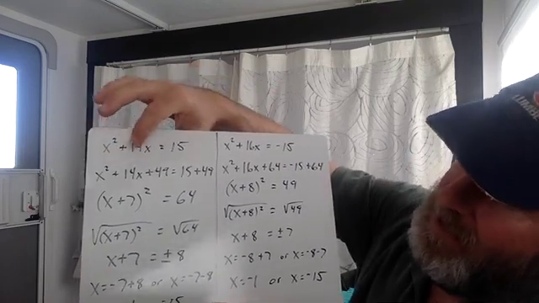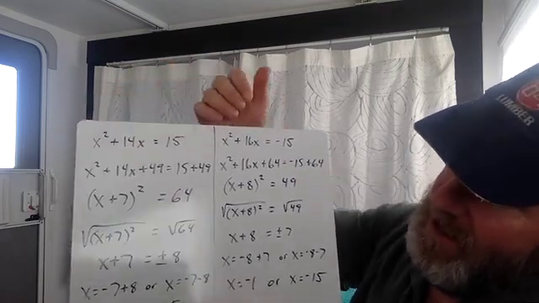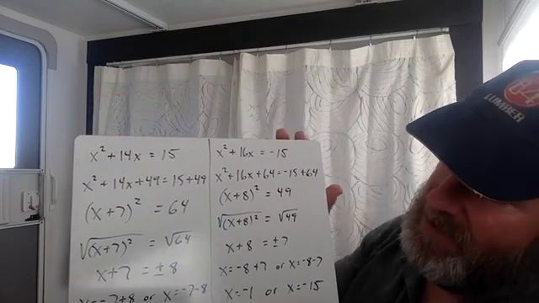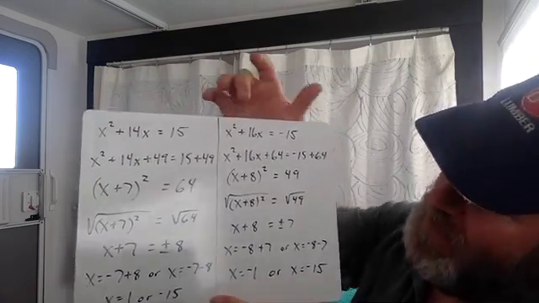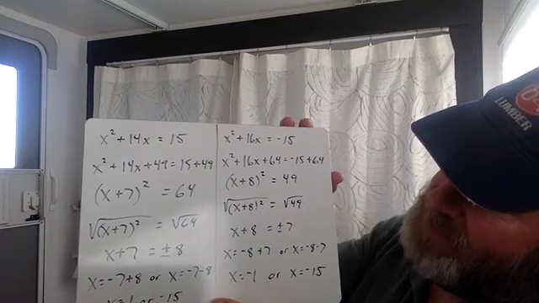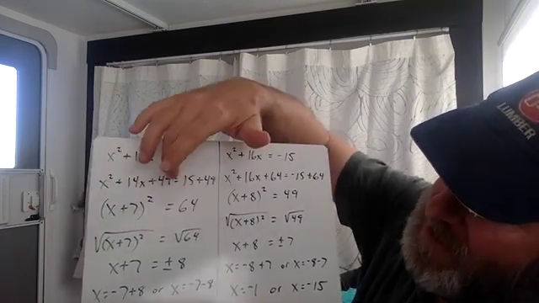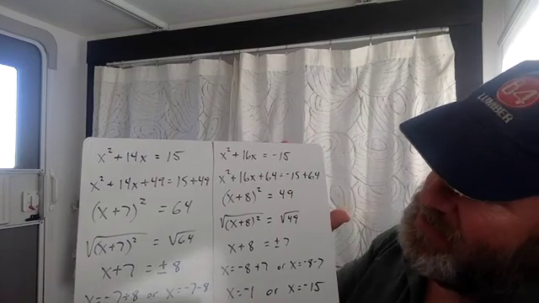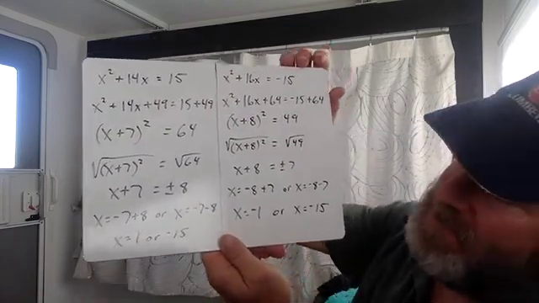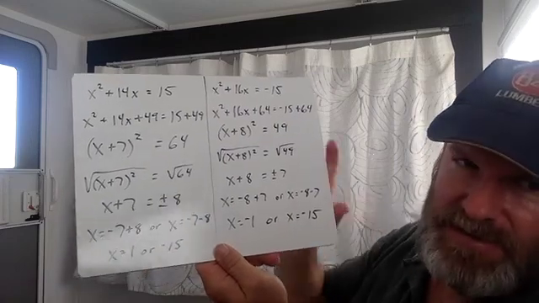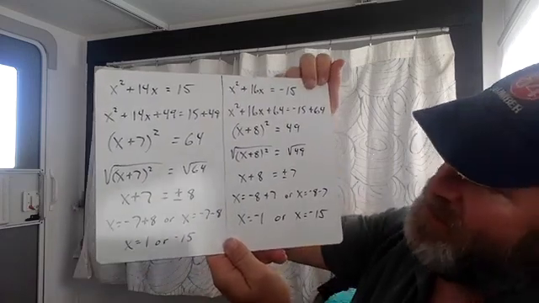Now, x squared plus 14x plus 49 factors into x plus 7 squared, just like I was showing you all those examples on the first slate. And 15 plus 49 is 64. Now you take the square root of each side, and x plus 7 equals plus or minus 8. So you're going to have 2 different answers. You're going to have to solve for x by subtracting 7 to the other side to get x by itself.